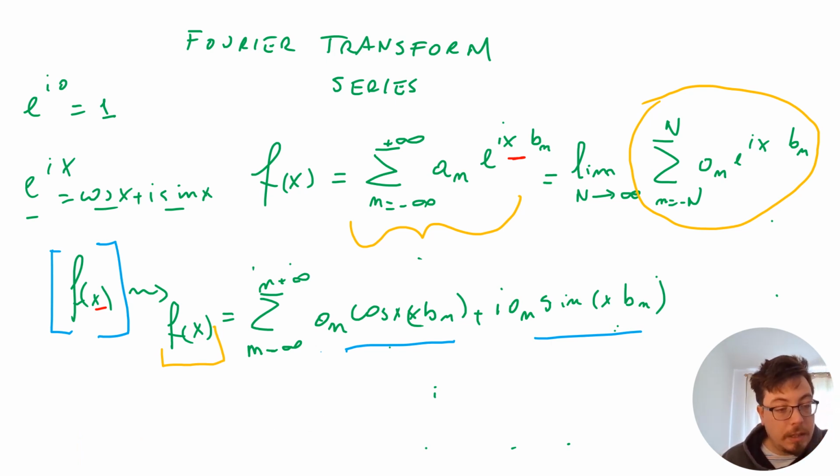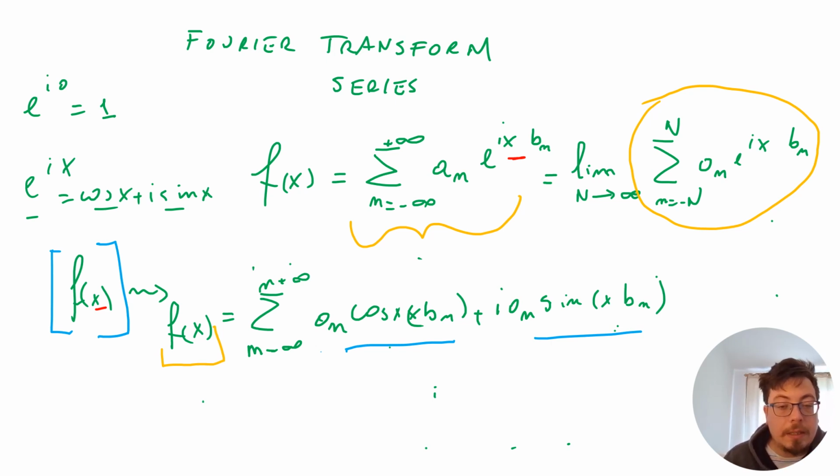And I want to do a very simple example, which is maybe not very enlightening. Let's do the cosinus. The cosinus is easy.